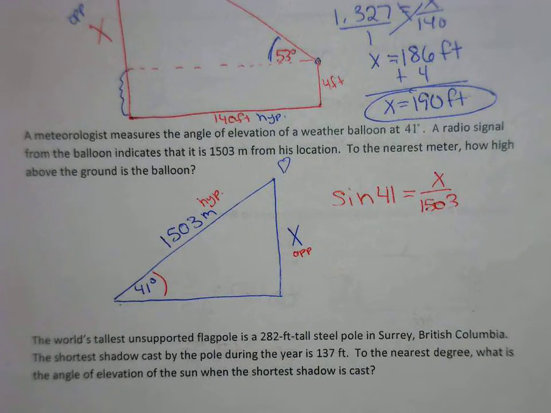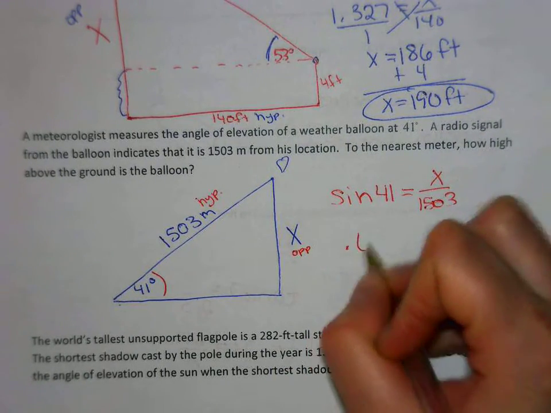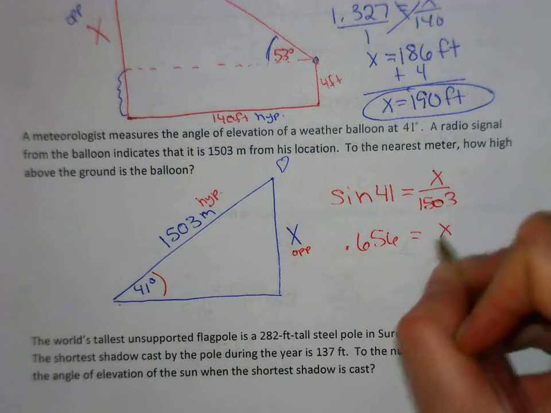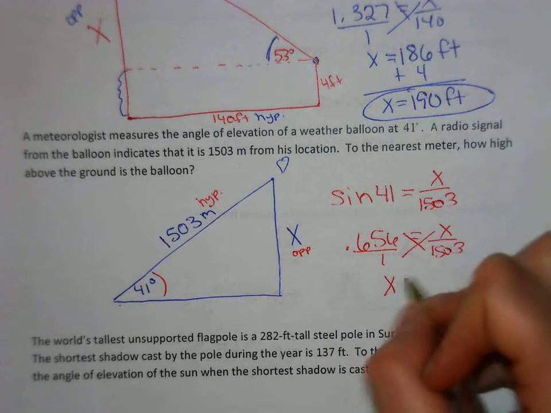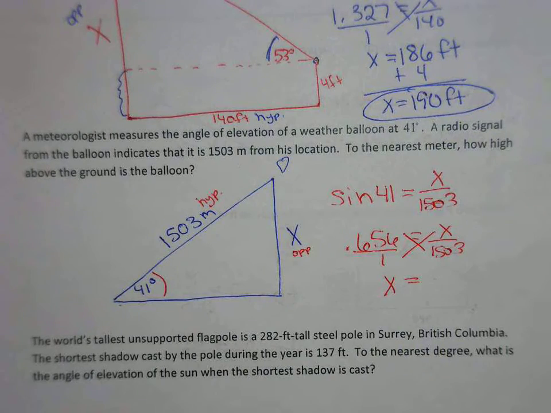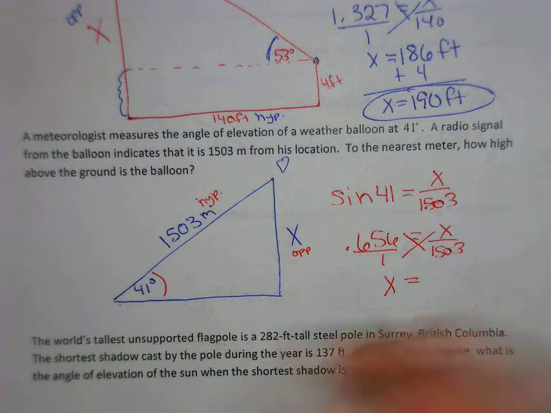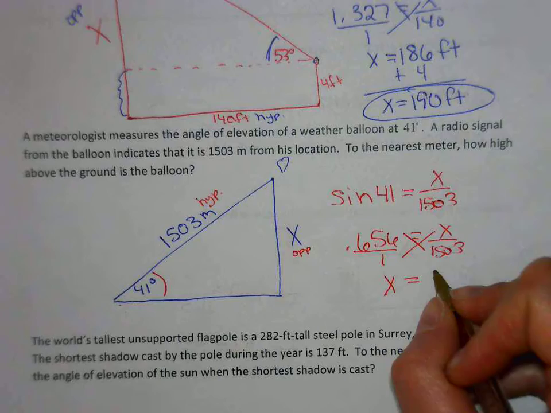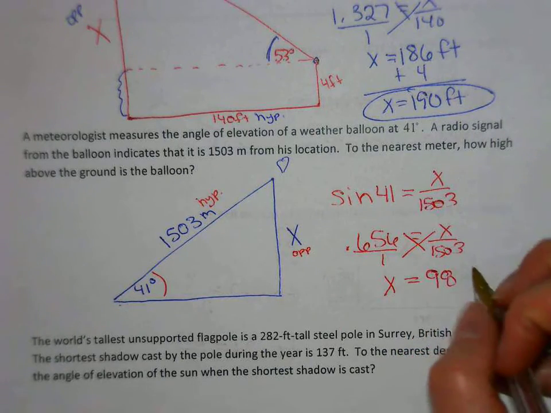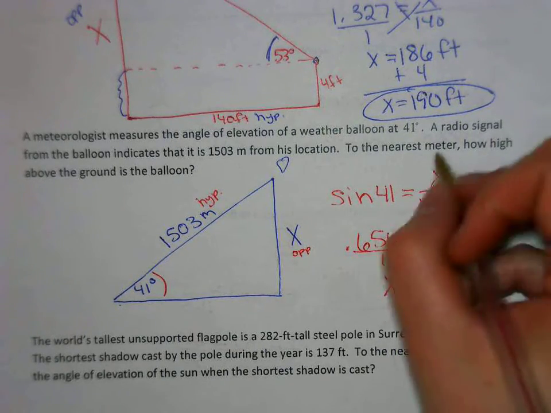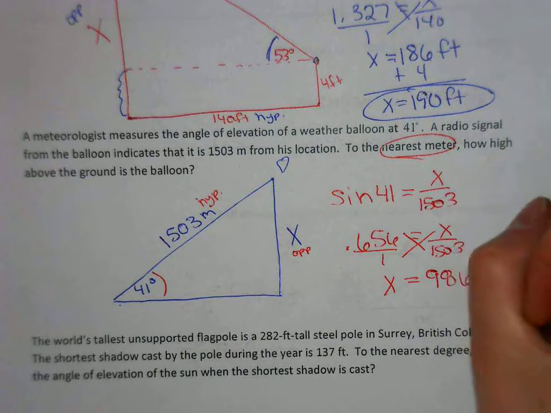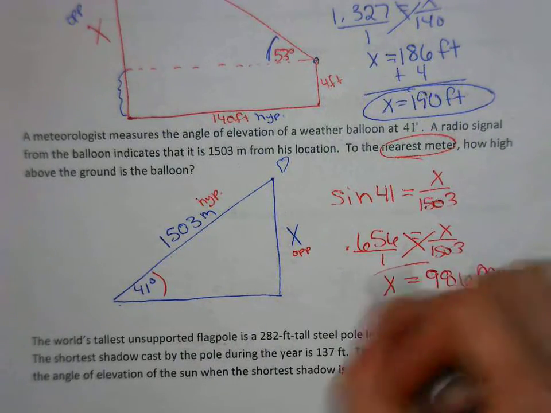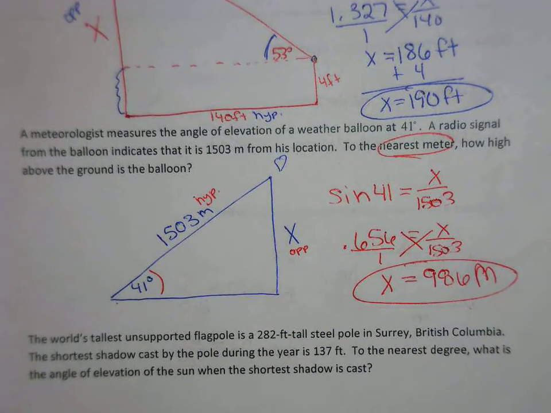The sine of 41 is 0.656, so we can cross multiply. x equals 0.656 times 1,503. The balloon is, to the nearest meter, 986 meters above the ground.